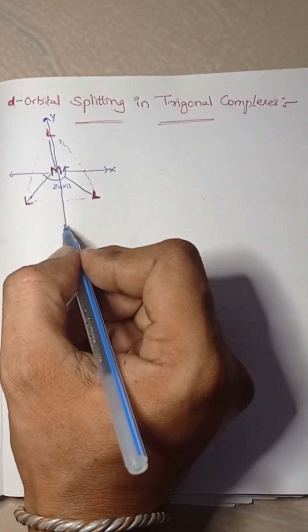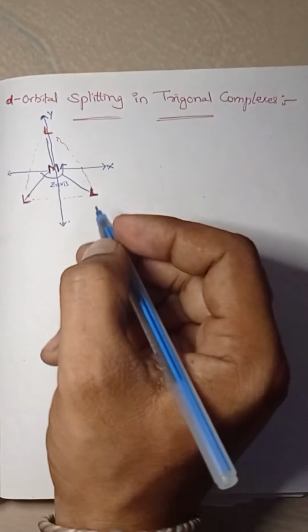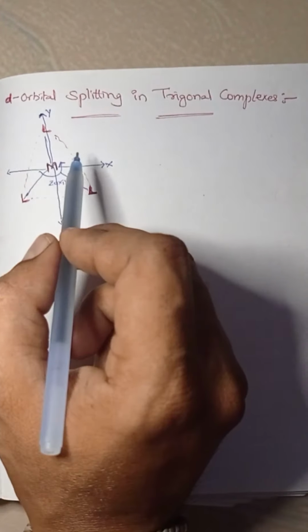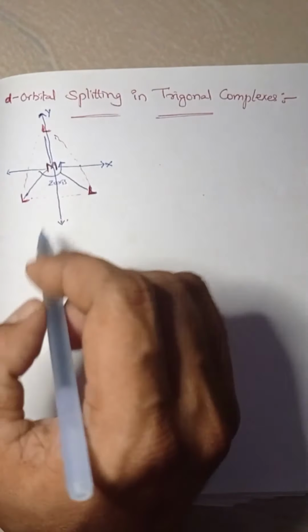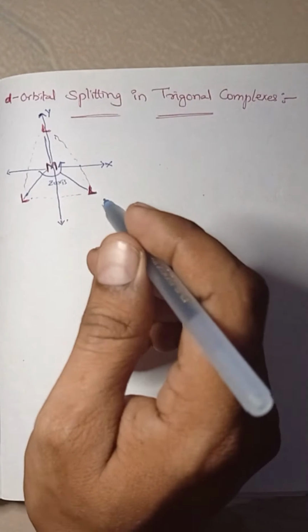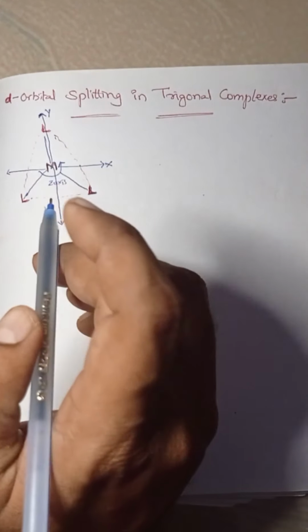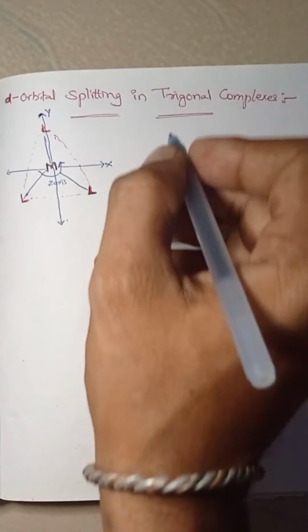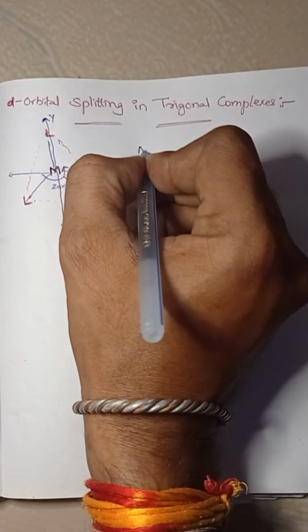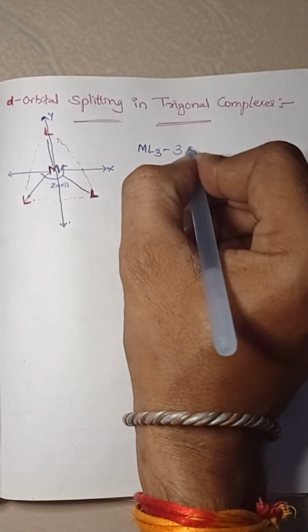This is the manner in which we consider the x, y, z axes every time, right? Left to right x axis, front to back y axis, above and below the z axis, right? Similarly here also we consider all three coordination axes, right? So the trigonal complex is a three coordinated complex.